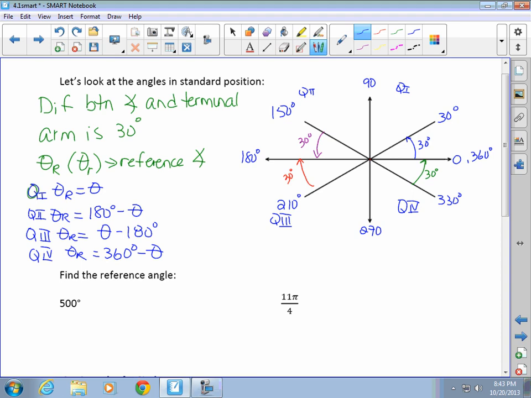And of course you can do these with radians too. So instead of 180, it would be pi. Pi minus theta, theta minus pi, and this would be 2 pi minus theta.